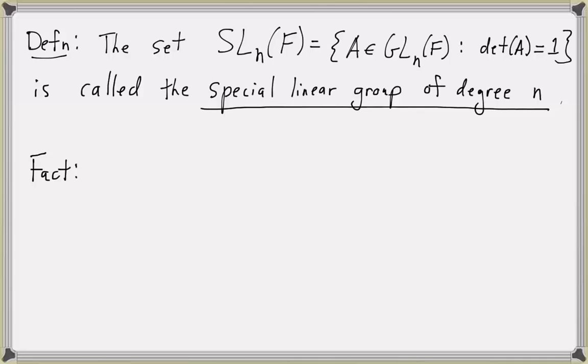Really, the only difference is that we have determinants equal to 1, but if A has determinant 1 and B has determinant 1, then the determinant of A times B is 1 times 1, which is 1. So we see that the special linear group over a field F is also a group.